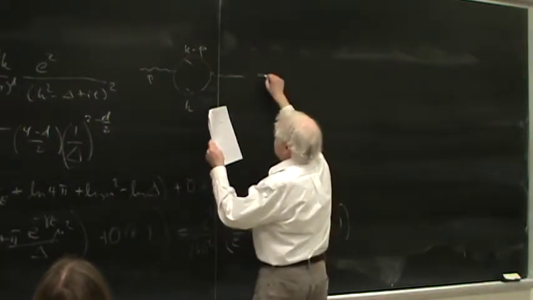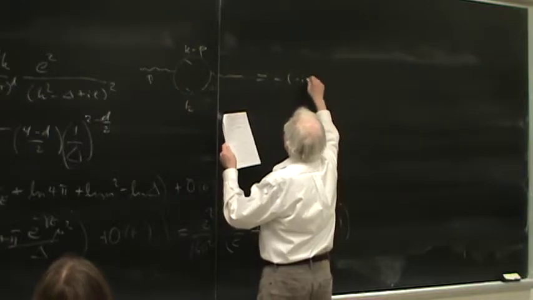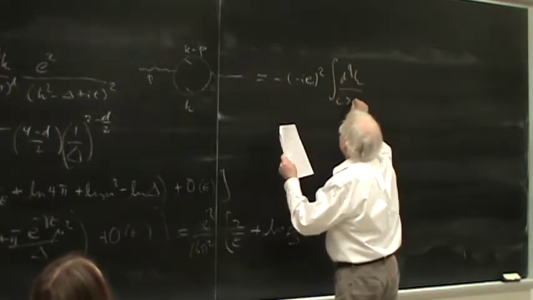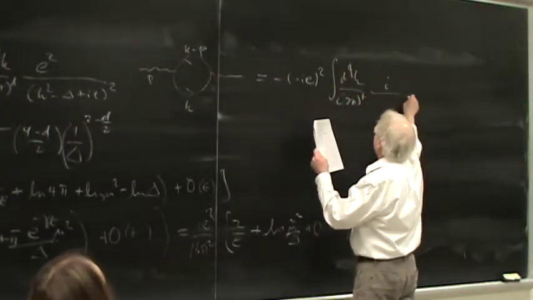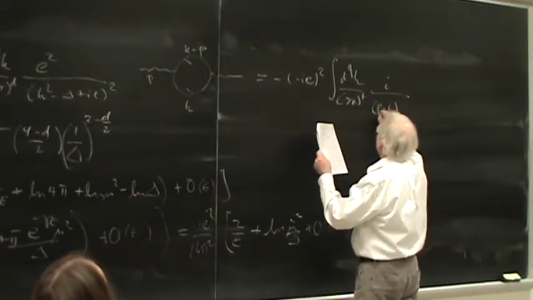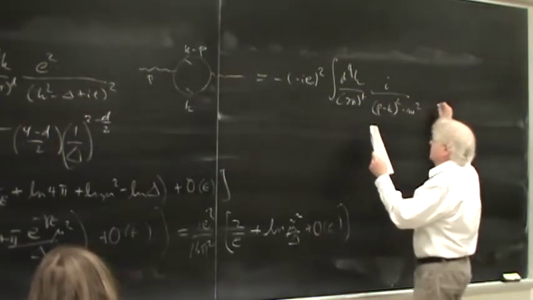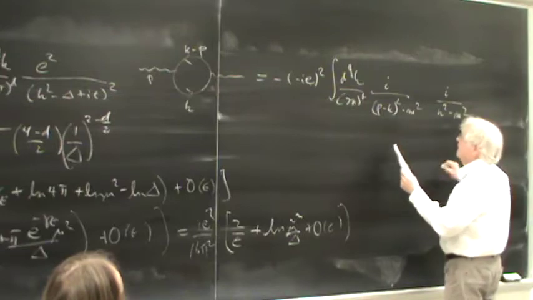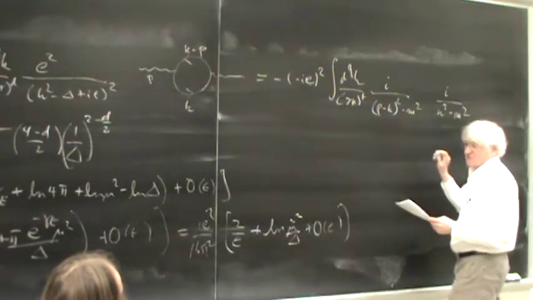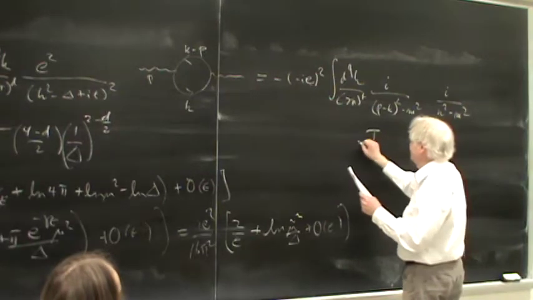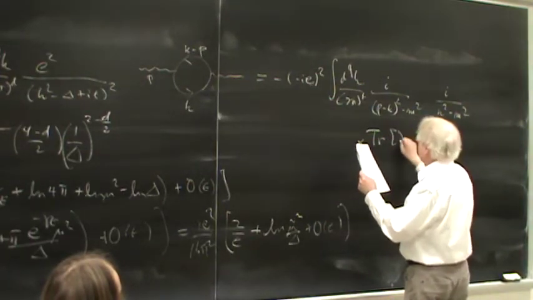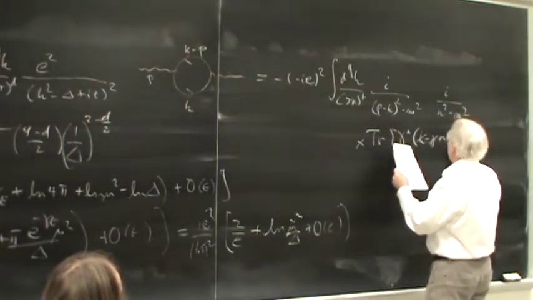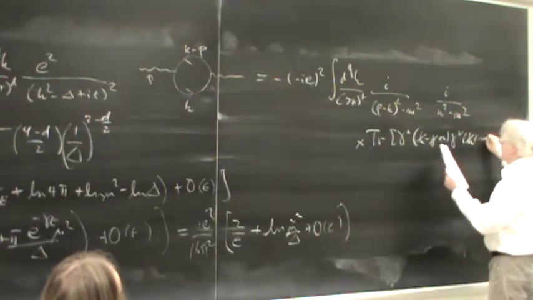This thing turns out to be minus I e squared integral d4 K over 2 pi to the 4th, I over P minus K squared minus M squared, I over K squared minus M squared. And then, this is the easy part. The hard part is, in the numerator, the trace of gamma mu K slash minus P slash plus M gamma nu K slash plus M.